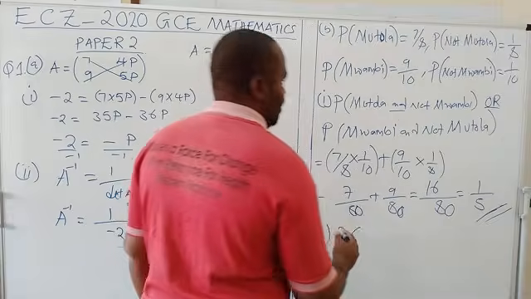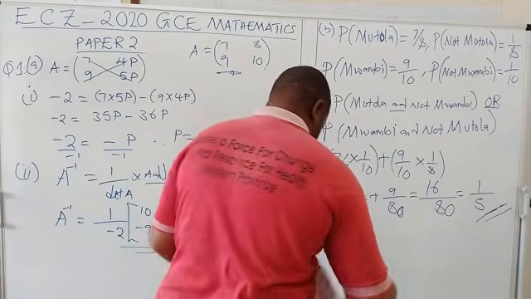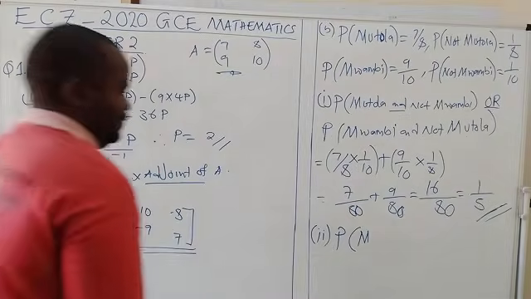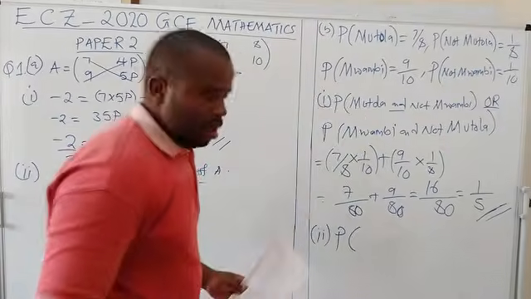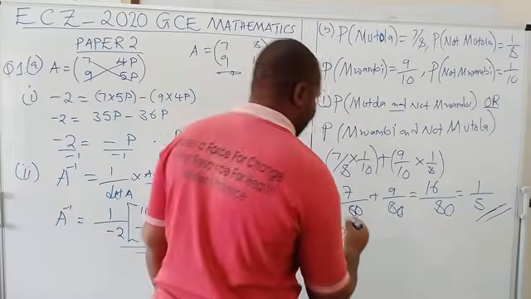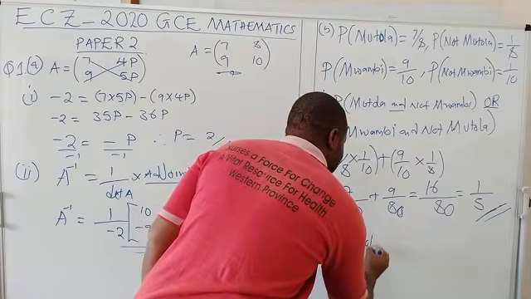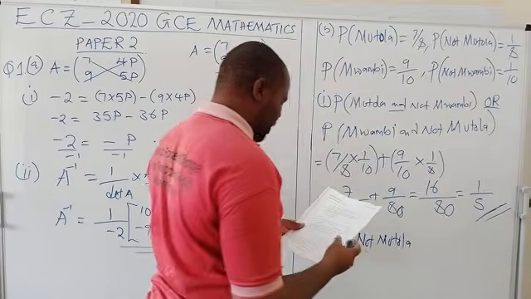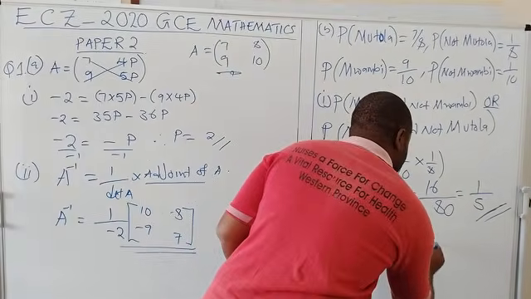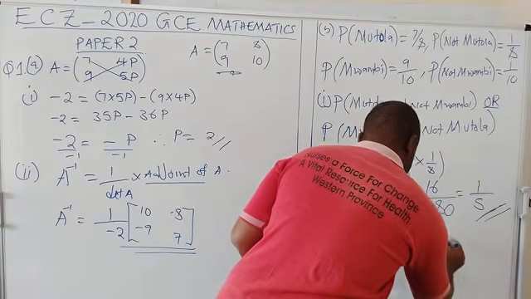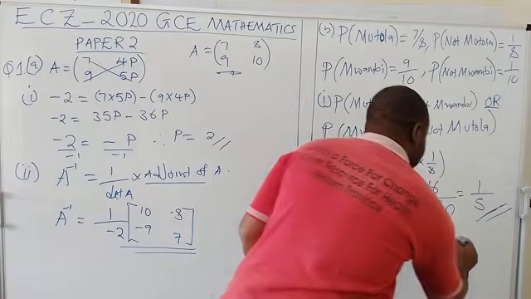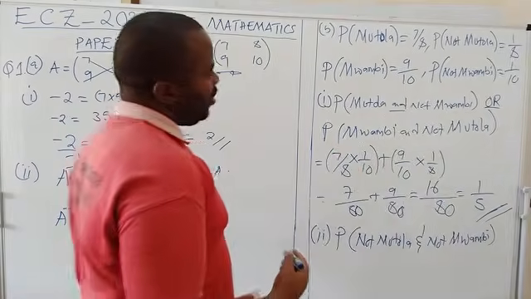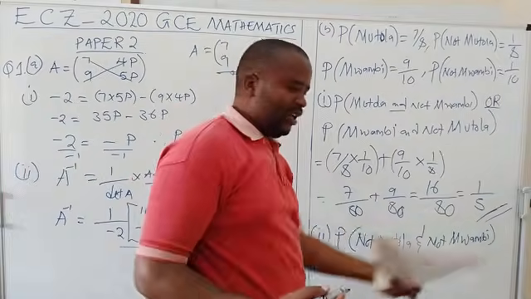So the probability of not selecting Mutola, and not selecting Mwambi, none of them. Alright? So what's the probability that we are going to select none of them? Not this one and not that one.